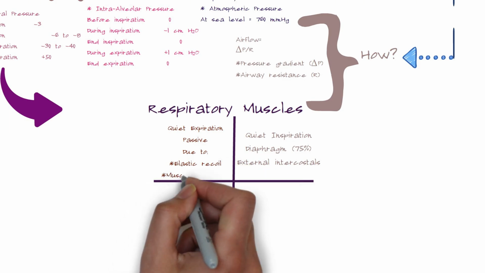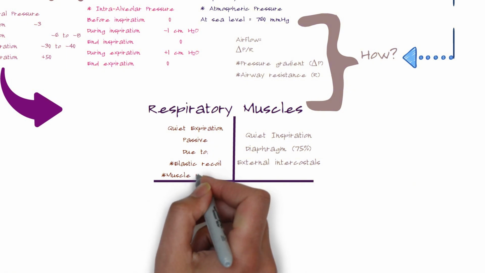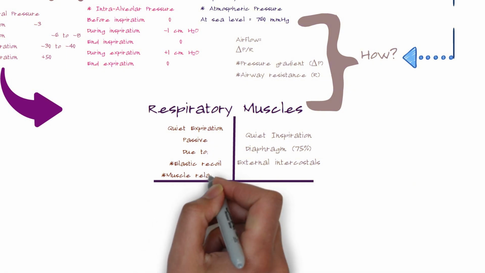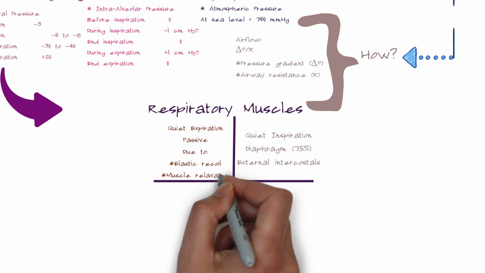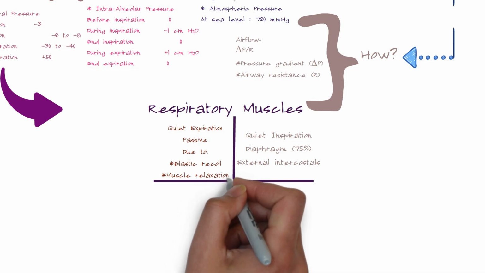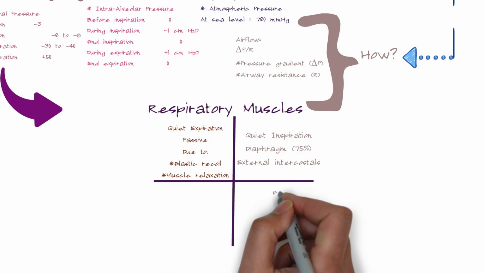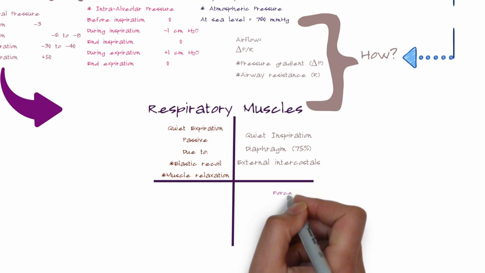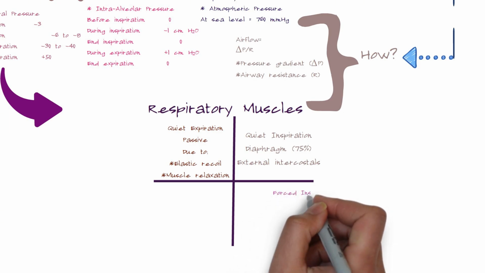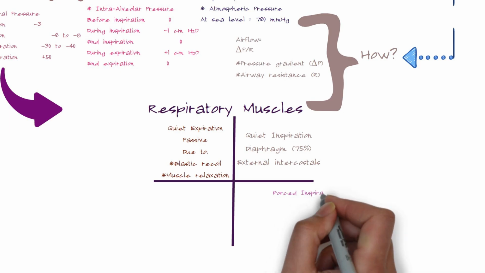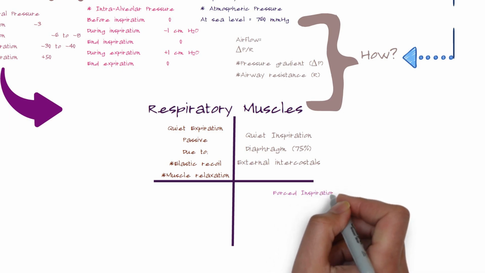Forced inspiration, we do it during exercise or with asthma. Here we need to do a deeper inspiration, so we need more muscles in addition to the diaphragm and the external intercostals, which are the sternocleidomastoid and the scalene muscles.